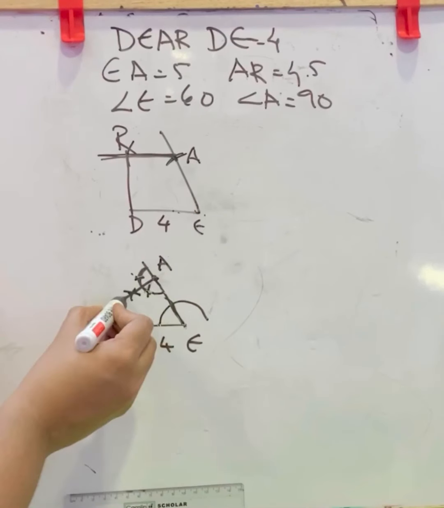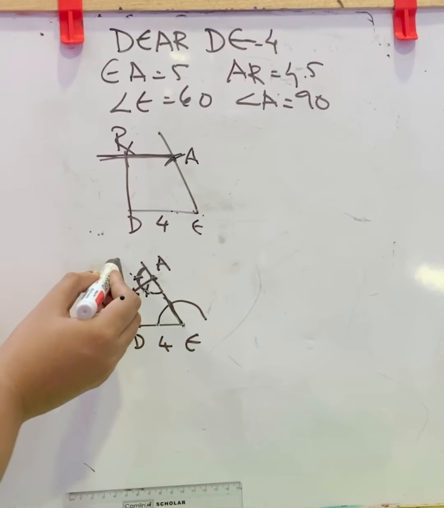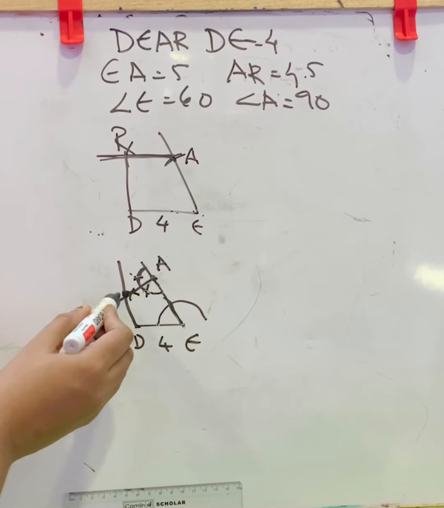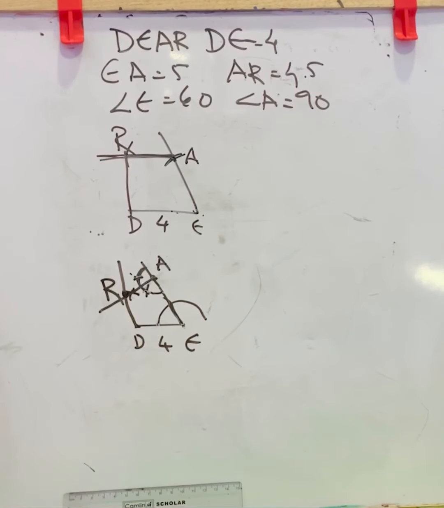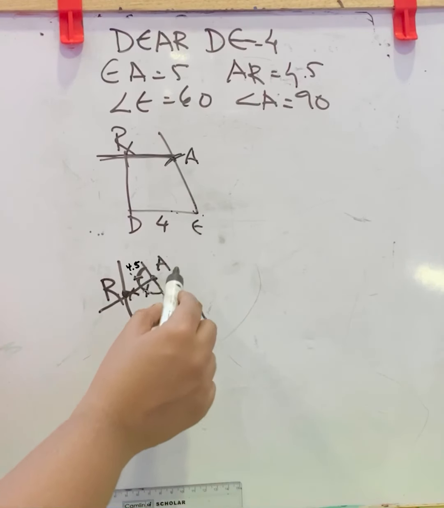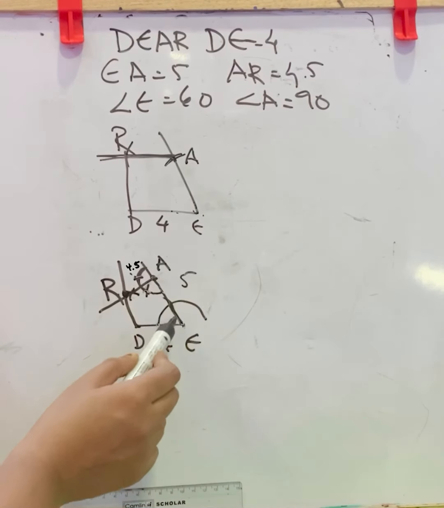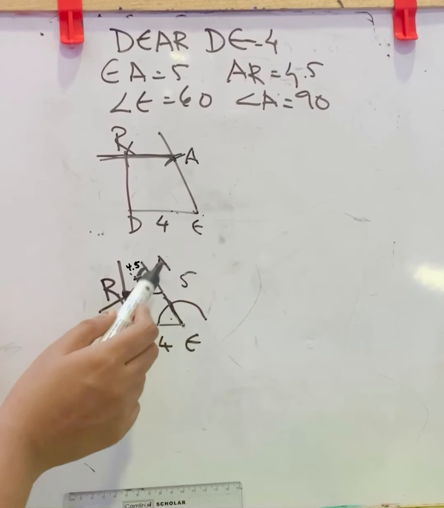Next, take radius 4.5 and mark it on the line starting from A, because AR is 4.5 given in the question. Now draw a line segment from D and the intersecting point you can name it as R. So this is DEAR. AR is 4.5, DE 4, AE 5, and this angle is 60 and angle A is 90.